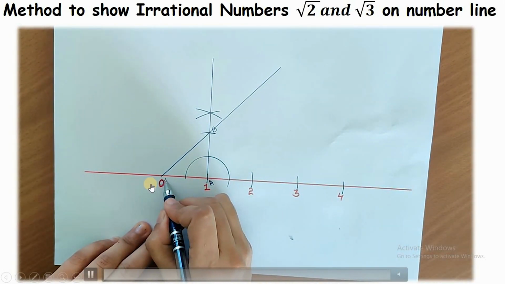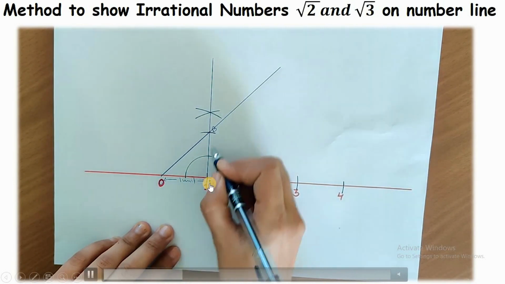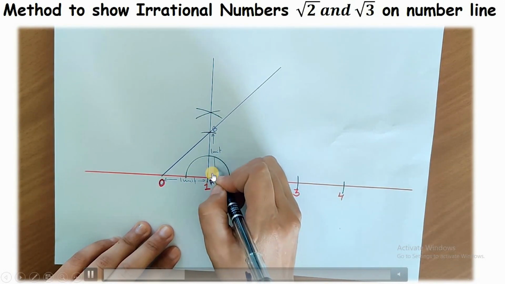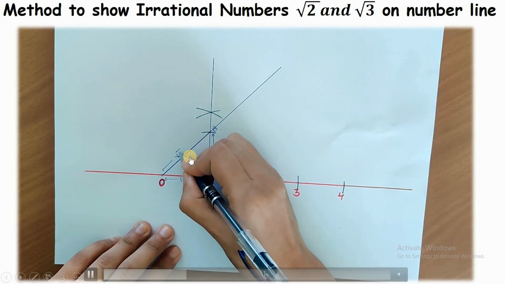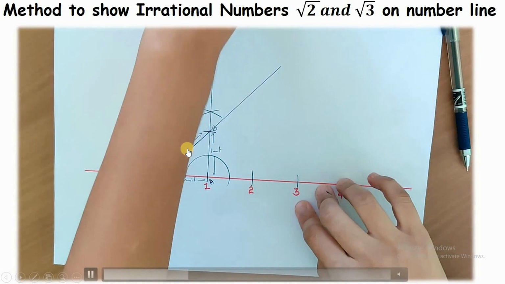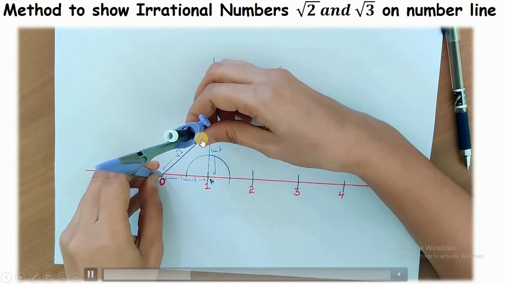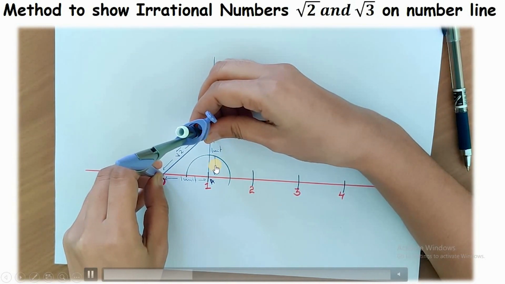Now OA is equal to 1 unit and AB is also 1 unit. Therefore, OB is square root of 2, and we'll prove that in the later part. So we'll measure OB, that is root 2, and mark this point on the number line.